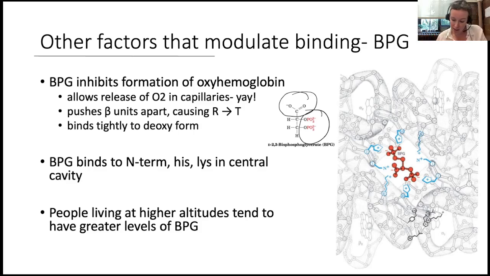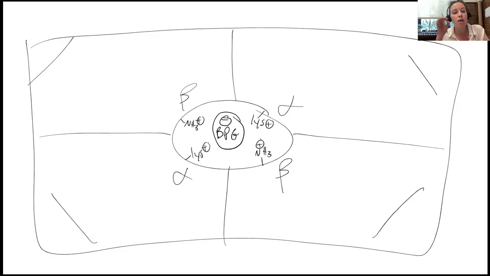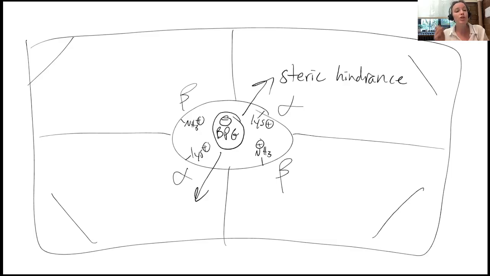But if we go back to this slide real quick, you'll notice that BPG basically fills up the entire space of the central cavity. It isn't huge, but it's big enough that the size of BPG pushes open the central cavity through steric hindrance.